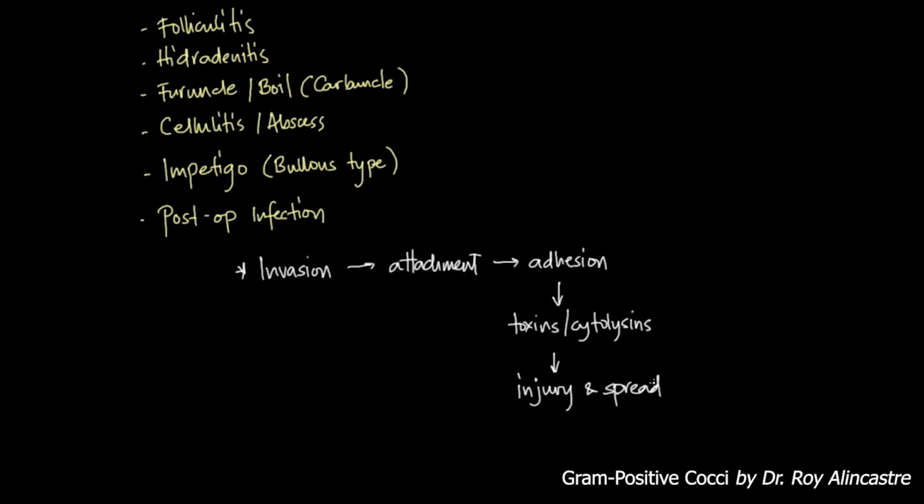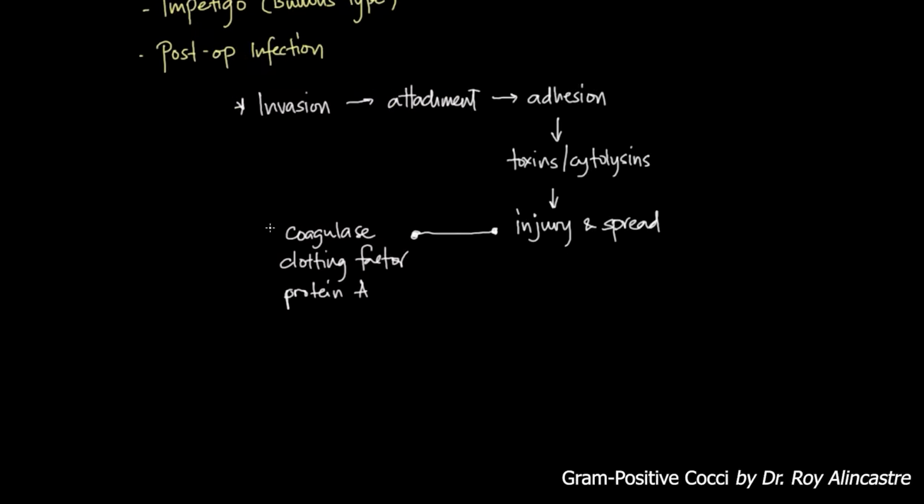At this stage, the actions of coagulase and clotting factor on fibrinogen binding and the antiphagocytic effect of protein A binding to IgG all combine to limit the effectiveness of host WBCs and phagocytes.